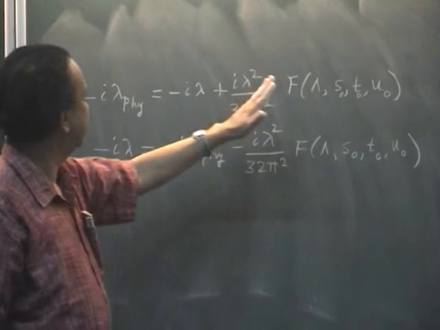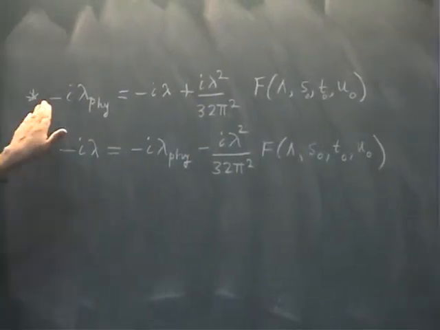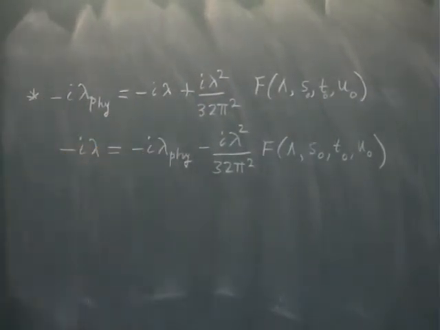All that I have done is to take it to this side. So it is minus i lambda physical minus this quantity is minus i lambda.